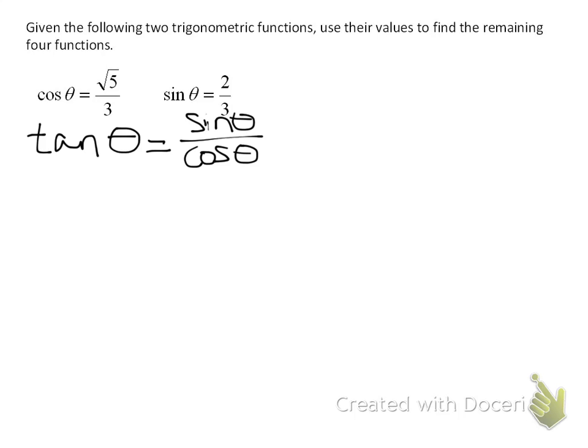All right, well, the sine of theta is 2/3. And the cosine of theta is the square root of 5 over 3. Now you guys know that you can't leave fractions inside fractions. This is bad math. So what do I have to do to get rid of those fractions?